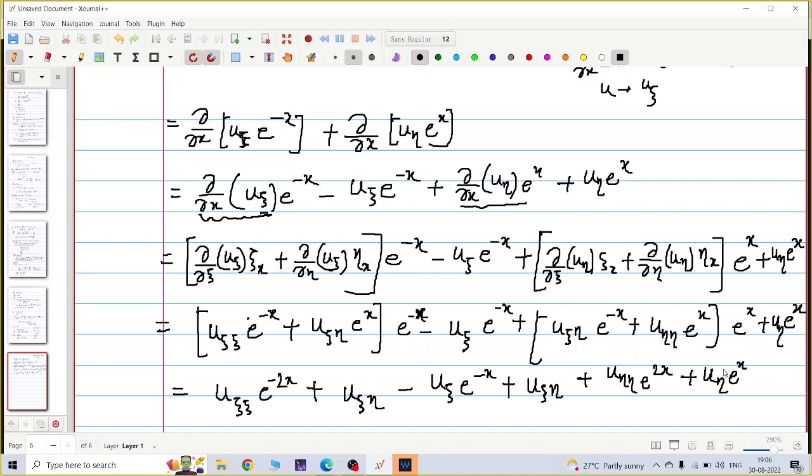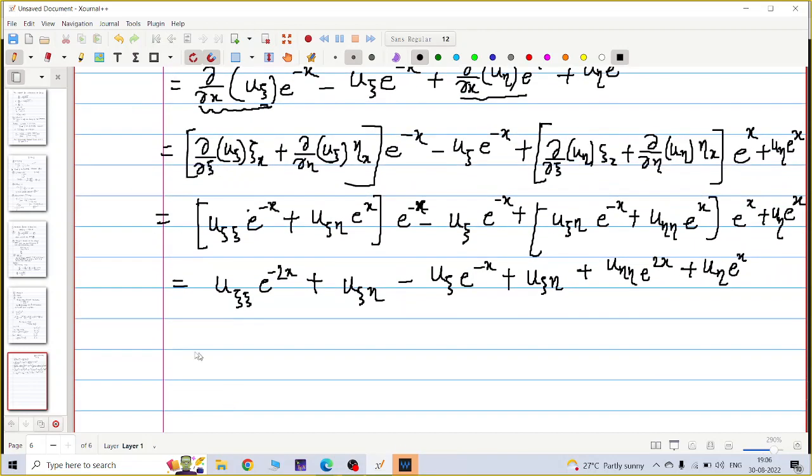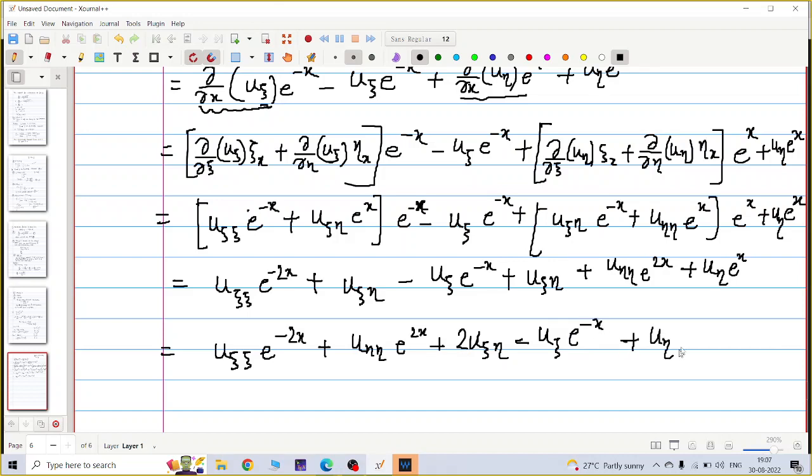Tell me, is this line okay up to this? So we get u xi xi into e power minus 2x plus u eta eta into e power 2x plus 2 u xi eta minus u xi. I just simplified this.